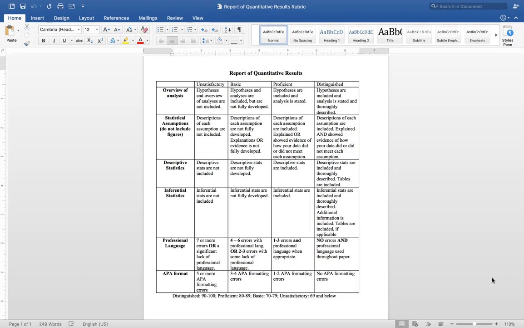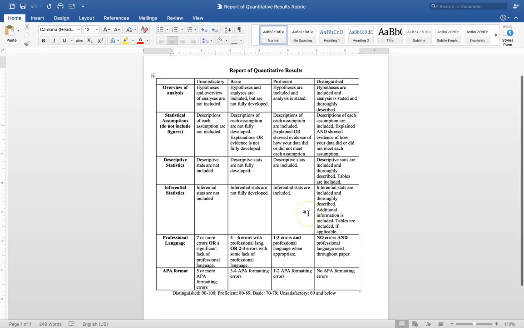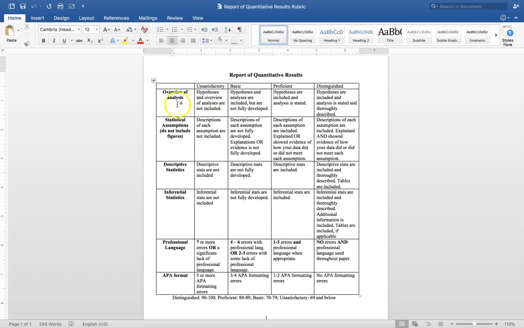It's the exact same tests that you're running for this particular report. So basically you're going to choose two variables in order to run a linear regression from your team data set. And here's the information for the rubric.